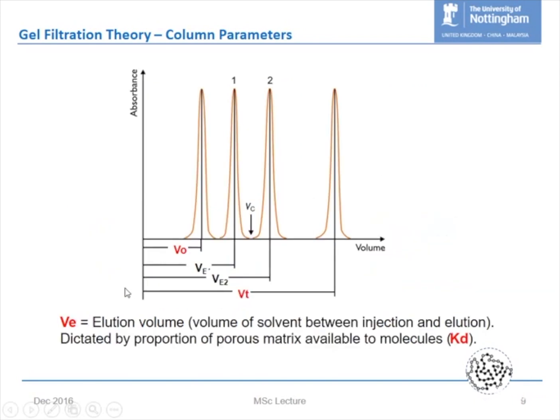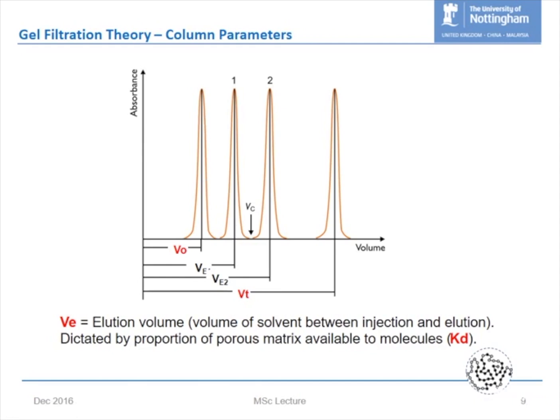So if we actually look at a schematic chromatogram, what we will have is a V0 value. If I actually injected a compound which was bigger than my pores, it would have no access to the pores, and it would pass straight through the column, and it would have a volume of V0 and would look like this in this position.